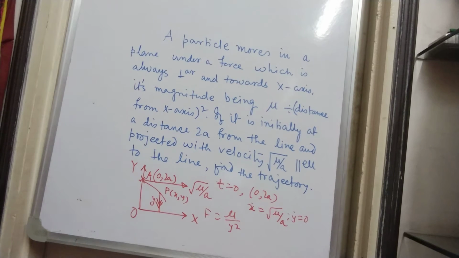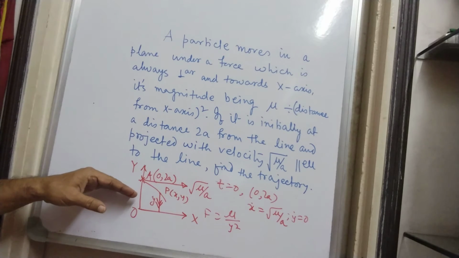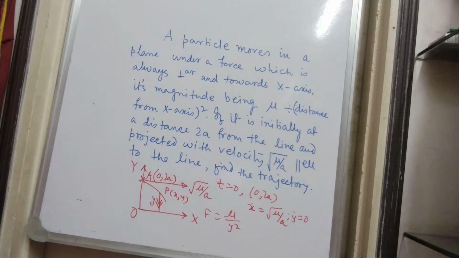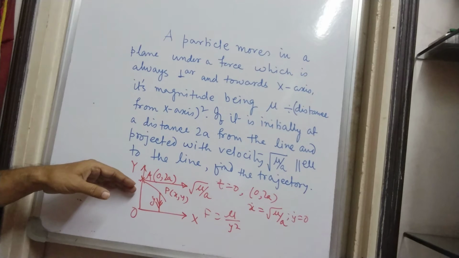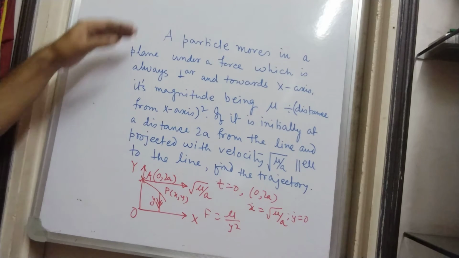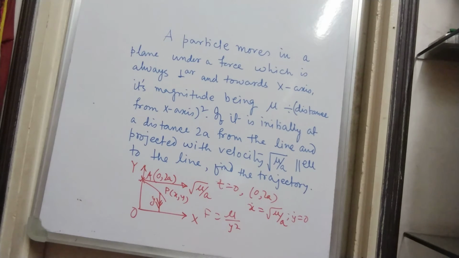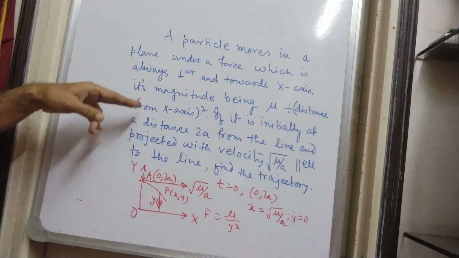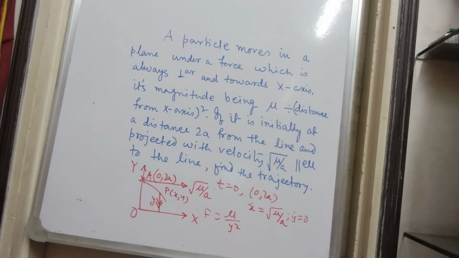Let us first match the problem which is written here with this figure. I will wipe out the problem and keep this diagram below and write down the equation of motion. So let me read out the problem once again. A particle moves in a plane under a force which is always perpendicular and directed towards the x-axis actually.